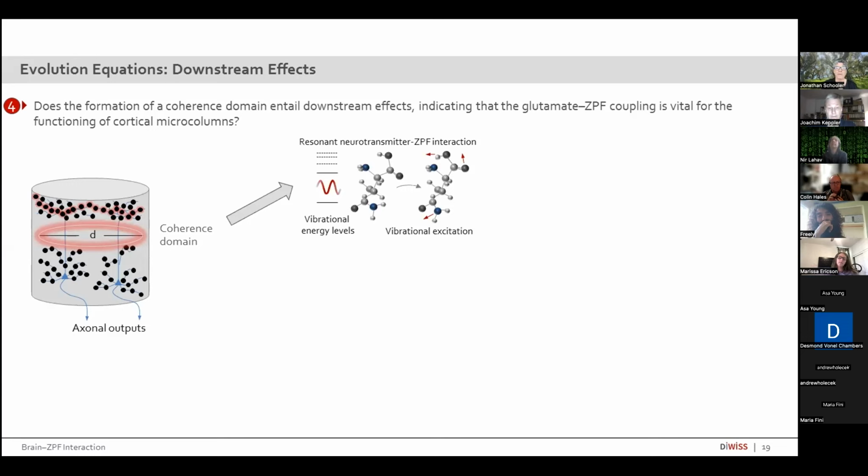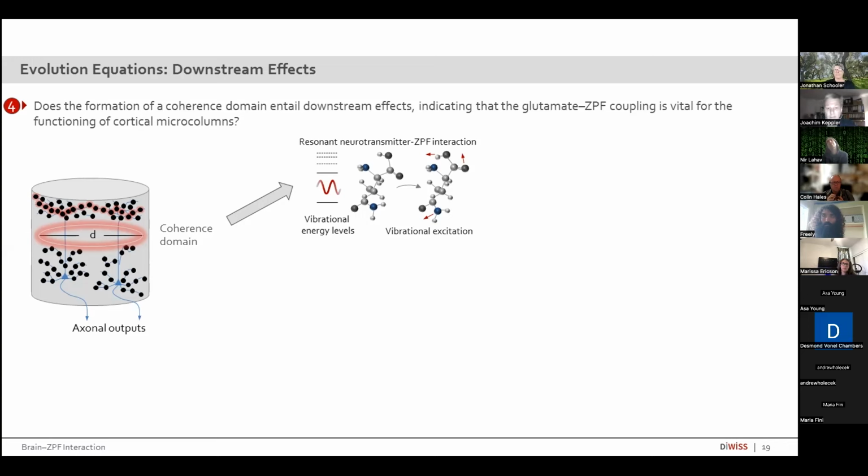The first one is the resonant neurotransmitter zero-point field interaction results, as we have seen, in a vibrational excitation component of the molecule. So part of the molecules are boosted to a vibrational excitation. It's actually a superposition. The final coherent state is a superposition of the ground state of the molecules and the first vibrational excitation.